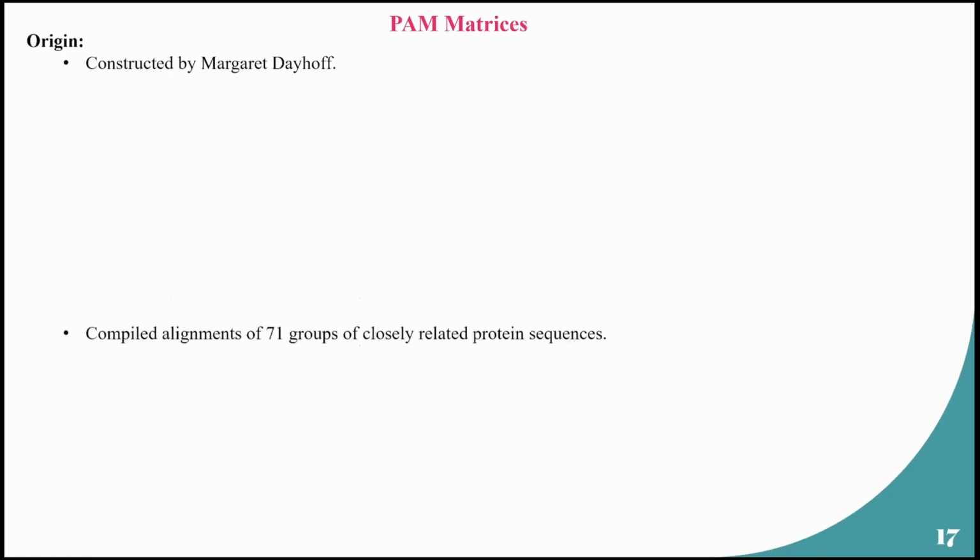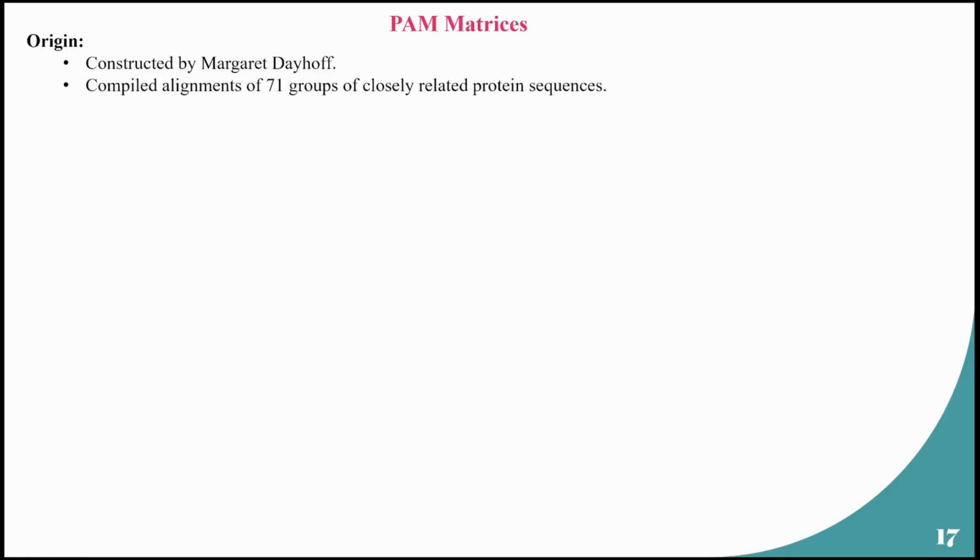Okay. So it was first constructed by Margaret Dayhoff, again, who is a very highly regarded person, a pioneer in the field of bioinformatics, right? And what Margaret Dayhoff and her colleagues did was that they chose 71 groups of closely related protein sequences.